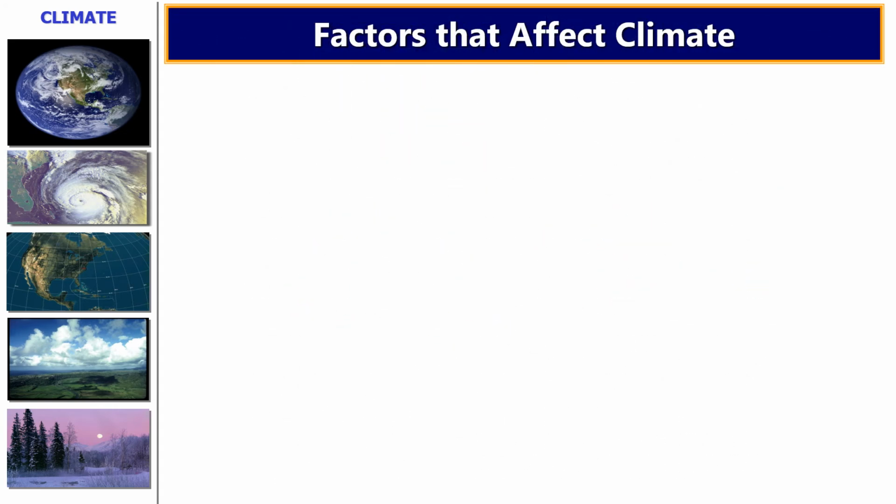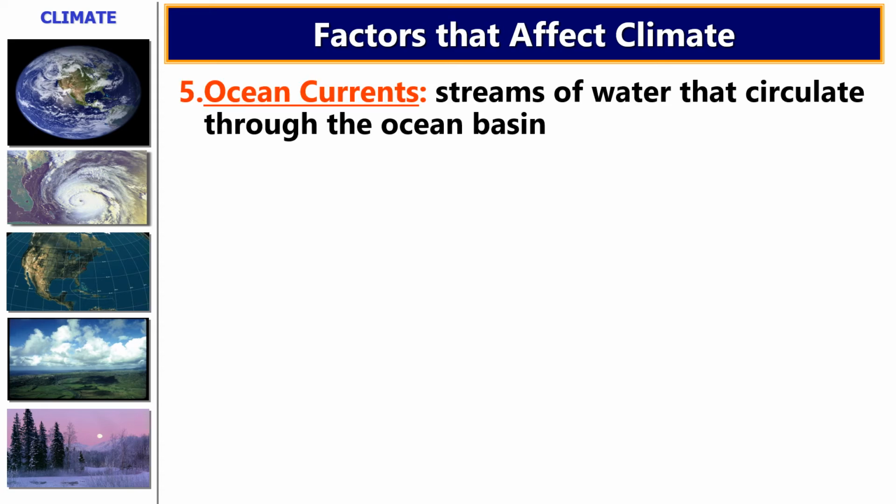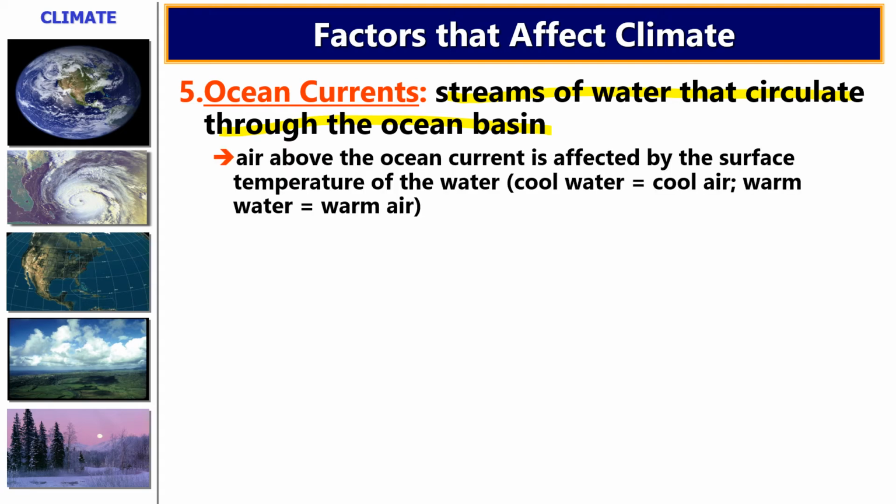Continuing on with our factors that affect climate, and this is something we were just talking about, ocean currents. So ocean currents are streams or paths of water circling through ocean basins. They are driven and affected by the air above them, but they also change the temperature. So if you're near cool water or a cool current, it will cool your air.